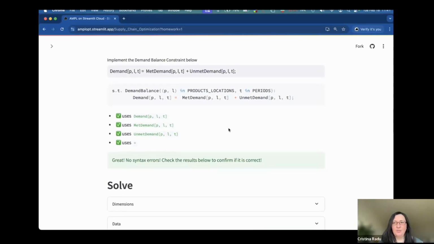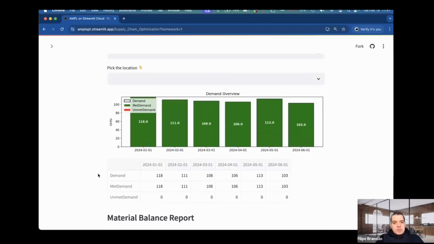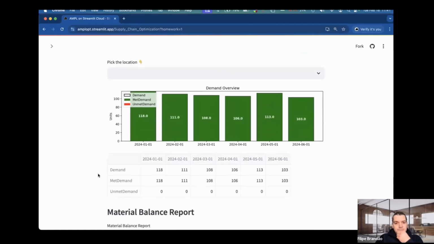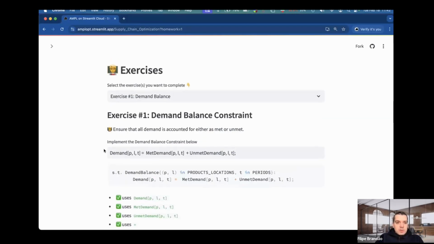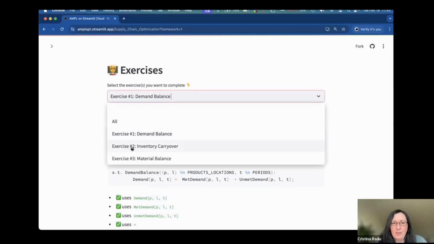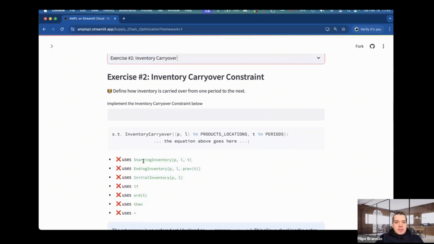But can we also show the inventory constraint and the material balance constraint? Yeah, because we didn't show it. Do you want to see the constraints or to implement? Yeah, to show them to the people, because we should have gone through them at the beginning.